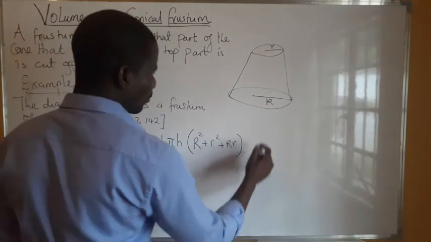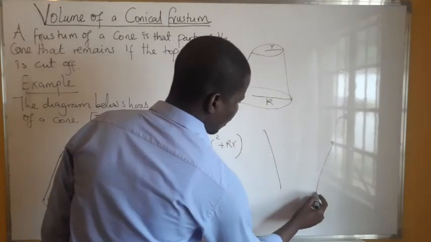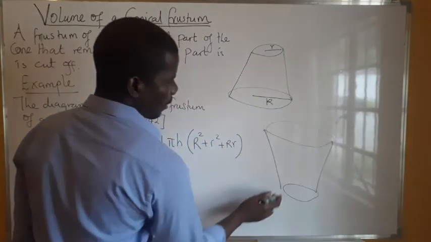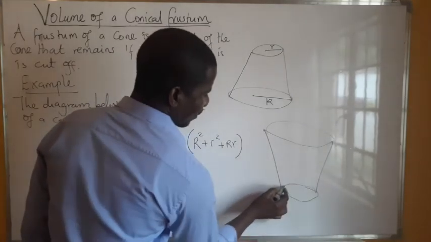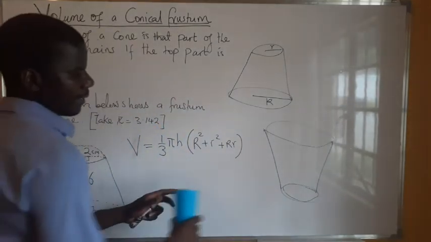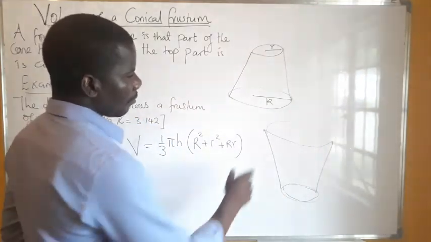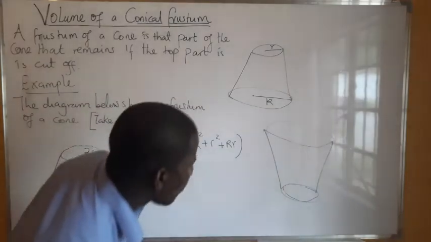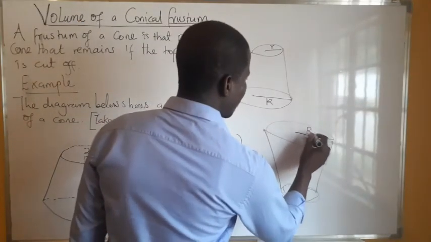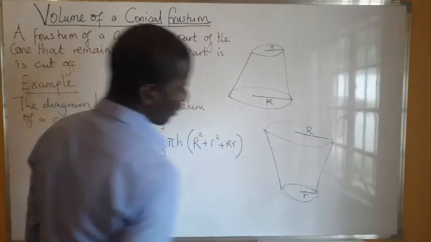There are also times when this same thing can be presented in this manner, but we are still talking about the same thing, just like the example of this cup. We have our bigger radius there and the smaller one here.